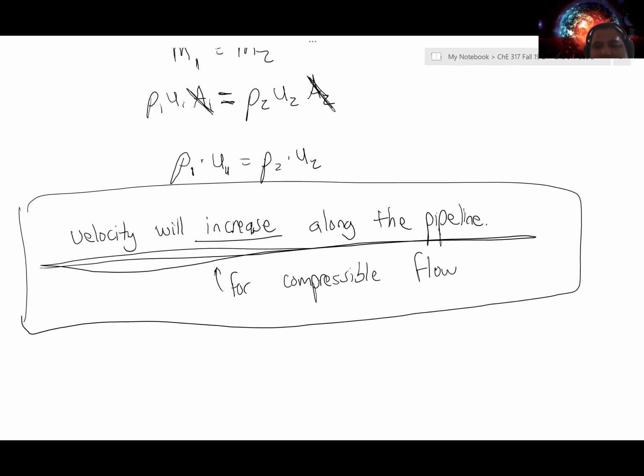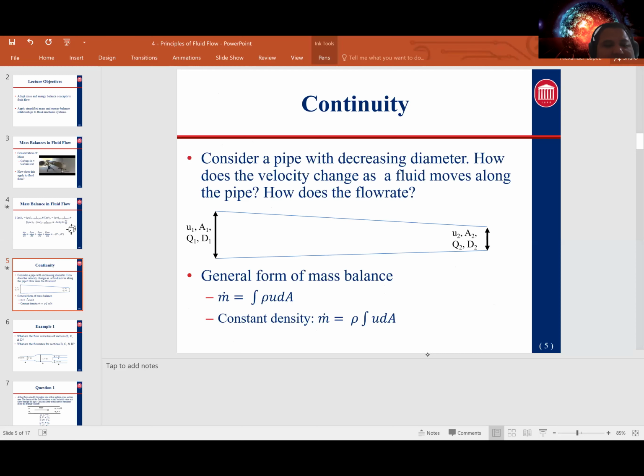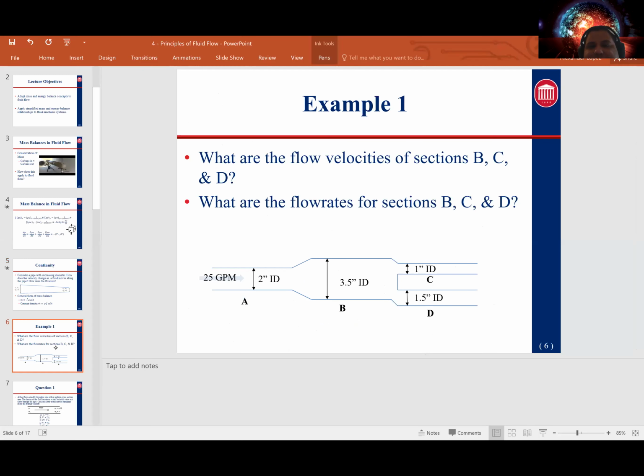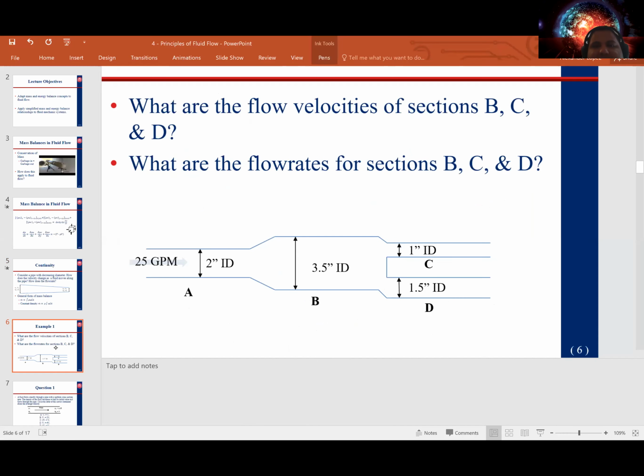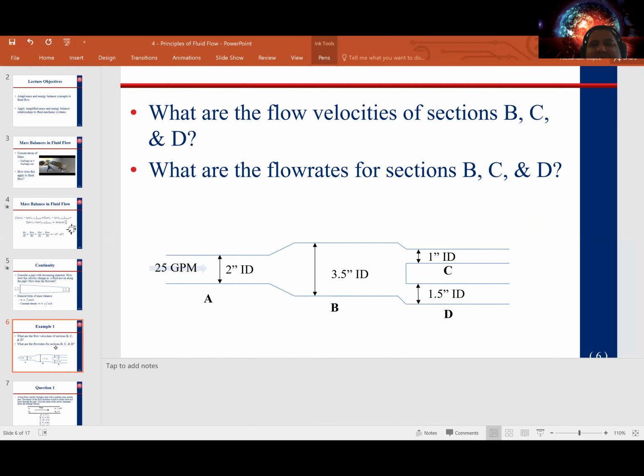So let's look at an example in mass balances and flows. We can assume it's water flowing through a pipeline where we have a really weird system with sections A, B, C, and D. The diameter of pipe section A is 2 inches.